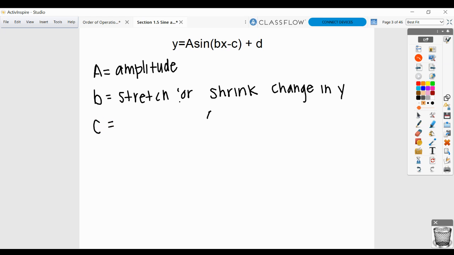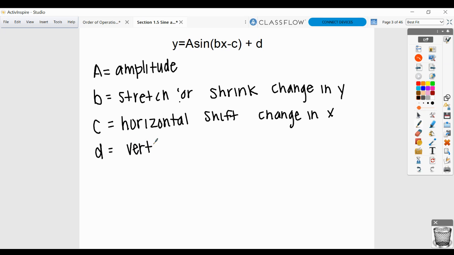The C is a horizontal transformation. Actually, it's a horizontal shift, so that is a change in the x. And then the D is a vertical shift. Show whether it goes up or down.